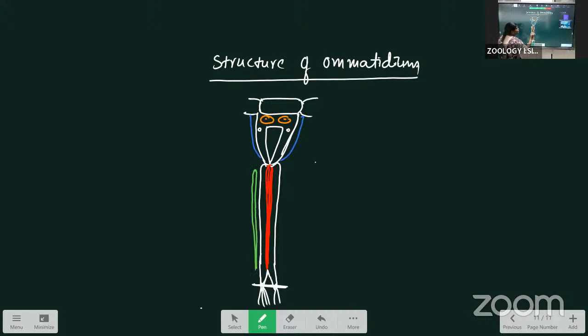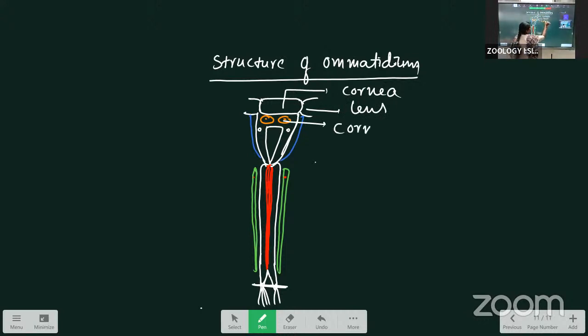It is possible to use a scale for the lines. Use the scale for this diagram. Cornea. This one is the cornea. Total, we call it a lens. Next, down, are the corneagen cells. The center is called the crystalline cone.